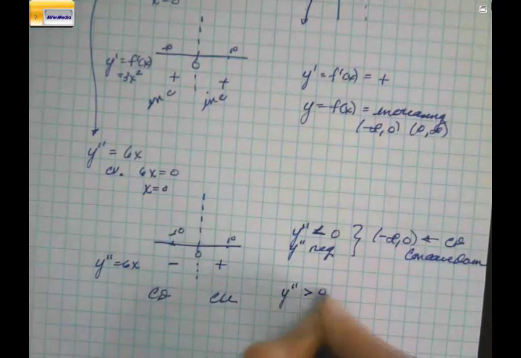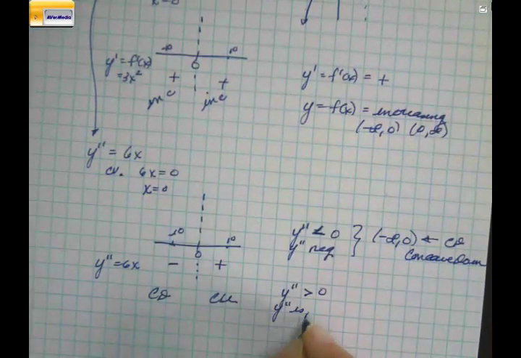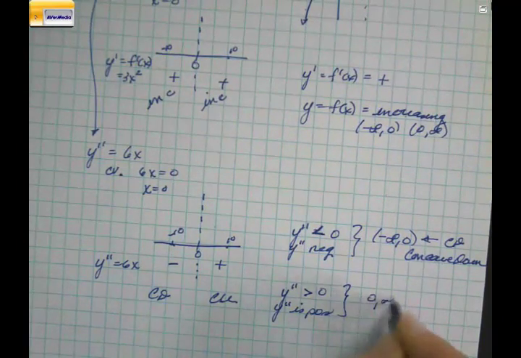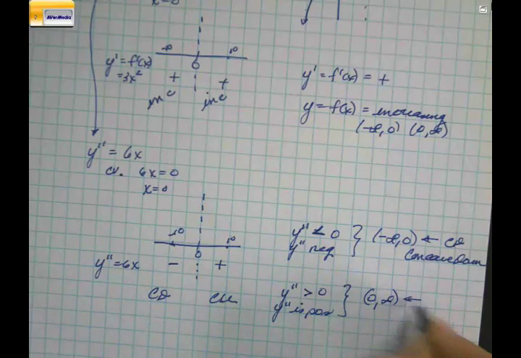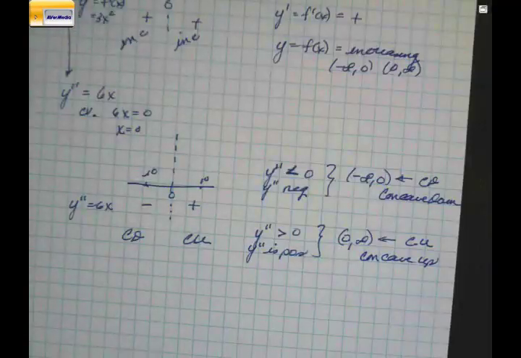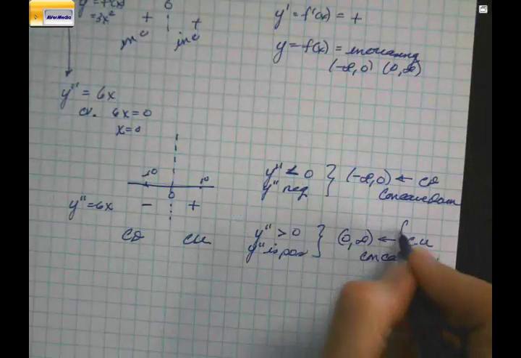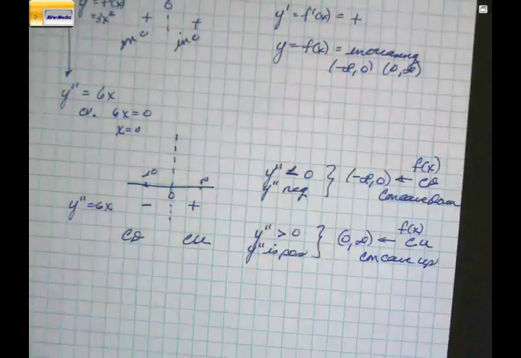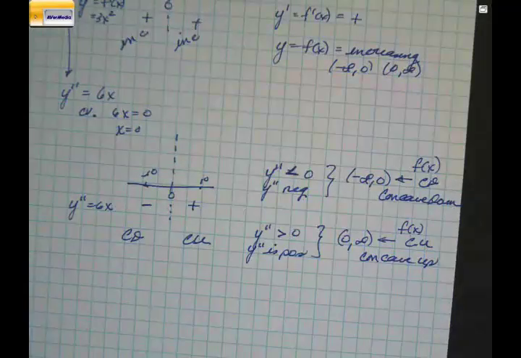We have the second derivative positive from 0 to infinity, which therefore tells me that the graph is concave up in that interval. So the original function is concave down from negative infinity to 0 and concave up from 0 to infinity.